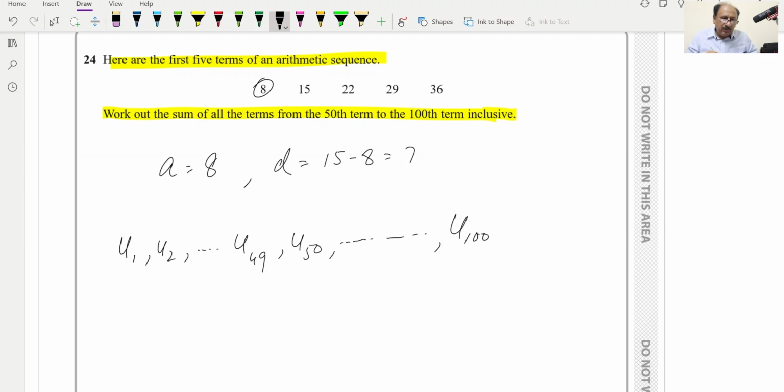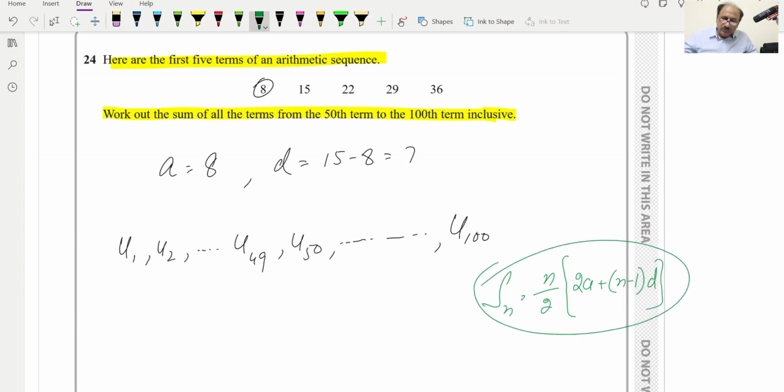Now to sum up the terms, we can use the sum formula. So Sn will be equal to n divided by 2 into, which is also provided in the formula sheet, basically this formula is provided in the formula sheet, (n minus 1) into d, and this is the formula which we will be using.